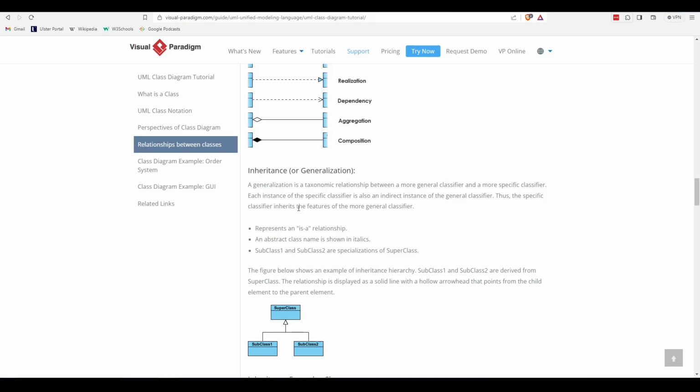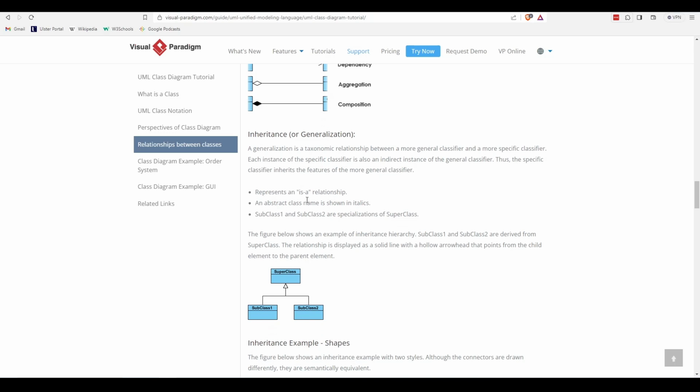So a child will be more specific than a parent. Each instance of the specific classifier is also an indirect instance of the general class. So thus the specific class inherits the features of a more general class. This represents an is-a relationship.